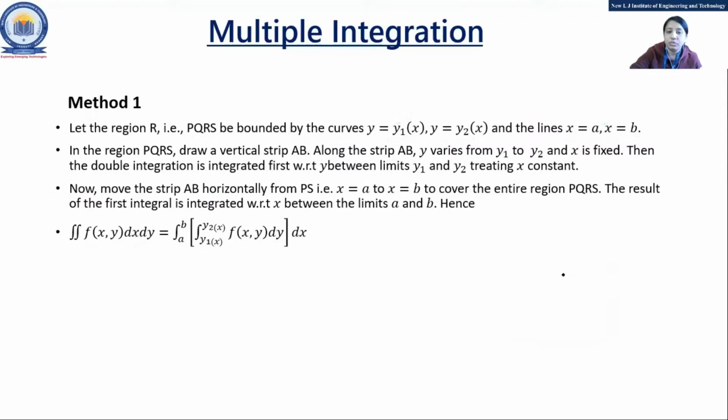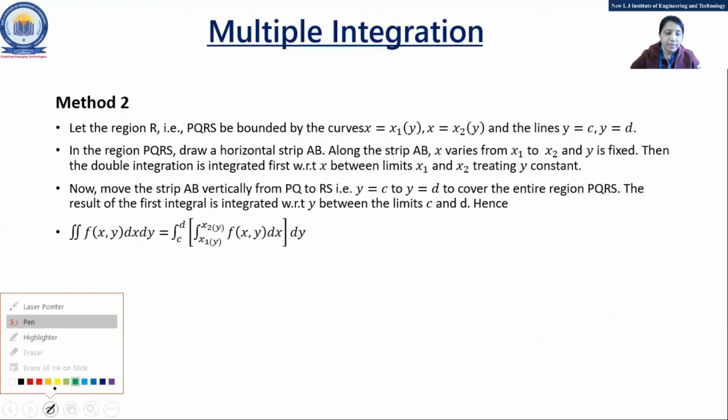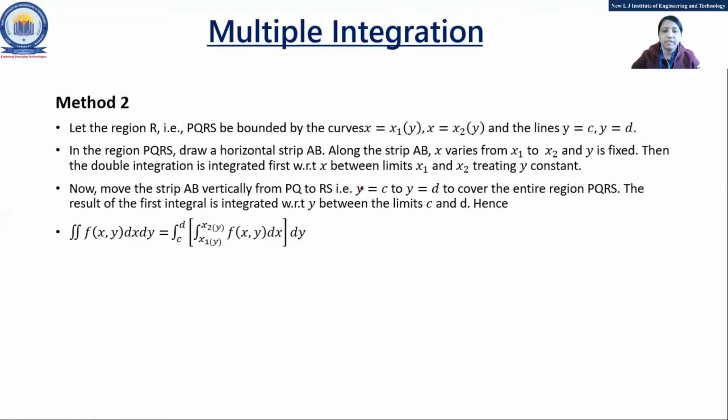Second method is totally the reverse of this one. That means what? Let the region R be PQRS, and it will be given by the curves. Which curves? x equal to x1 of y and x equal to x2 of y. So you can say this is my curve region xy.